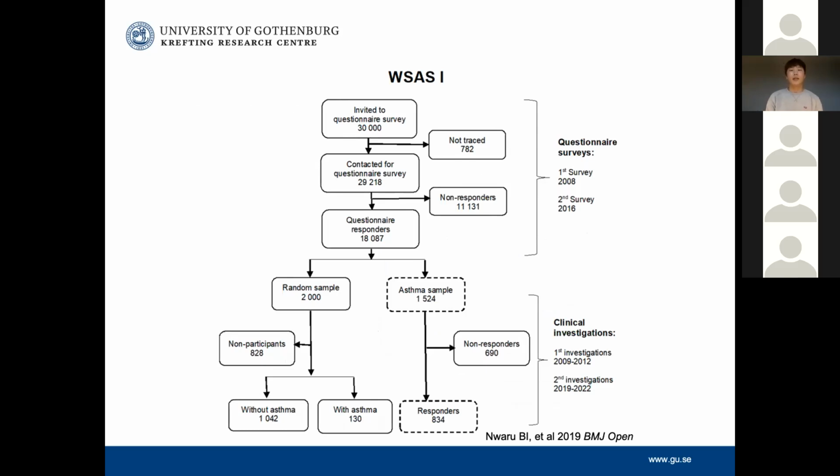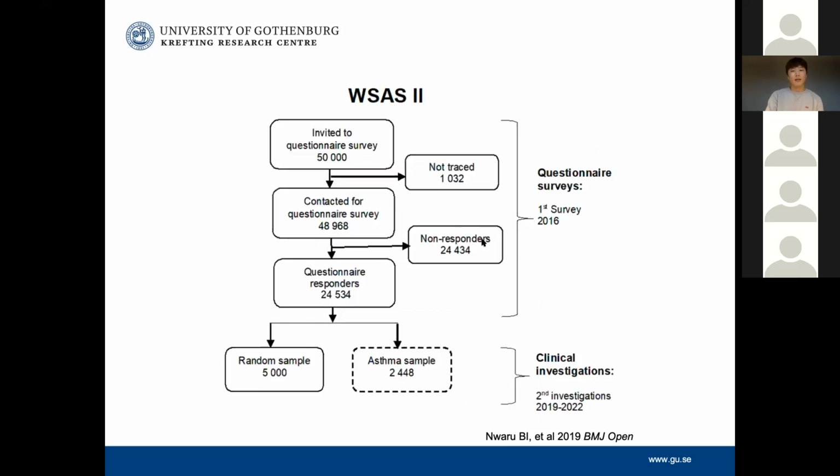It invited 30,000 participants, and only around 18,000 responded and agreed to participate. And this is VESAS 2, and it started in 2016, and it invited 1,000 participants, and around half of those participants responded.